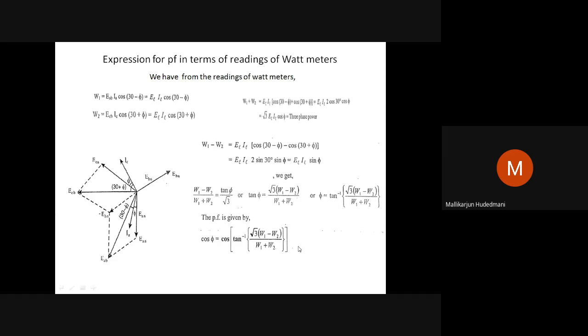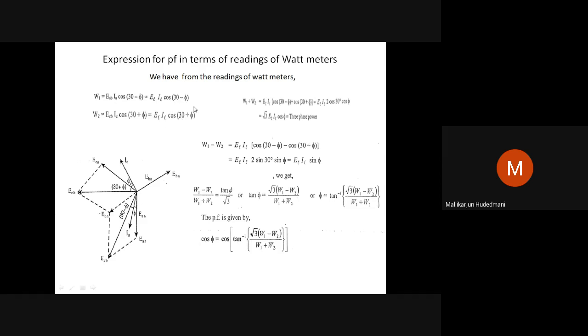We should understand, after having taken the expression for the power factor as cos of tan inverse root 3 times the difference of readings to the sum of readings, what will be the effect of load power factor on the readings of the wattmeter? The readings are EL IL cos(30 minus phi) and EL IL cos(30 plus phi).